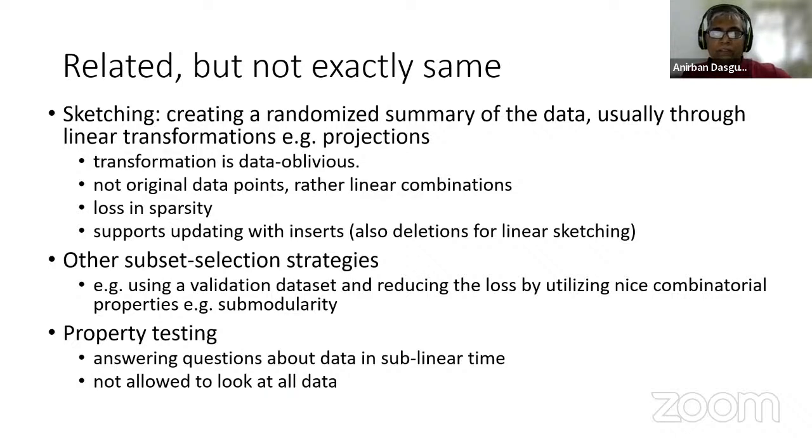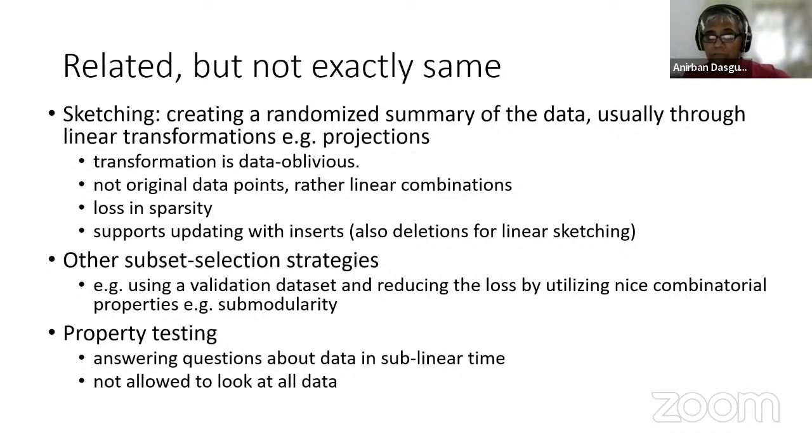Okay. So a bunch of related threads are not exactly the same. For those of you who know, there's an entire literature on sketching. Sketching is basically a randomized summary of the data created through linear transformations, such as projections. The differences are the following. The transformation that we do in sketching is data oblivious, and we don't keep the original data points.